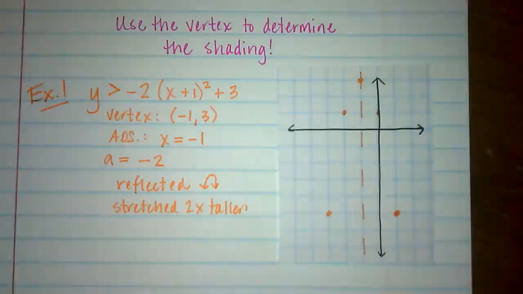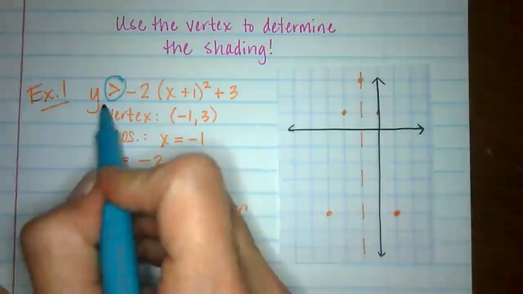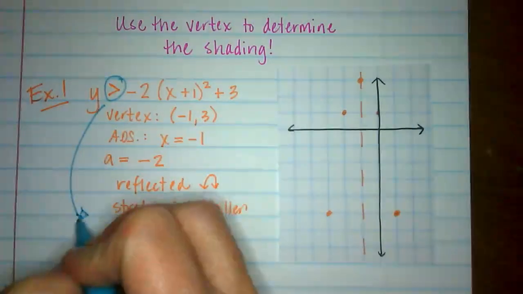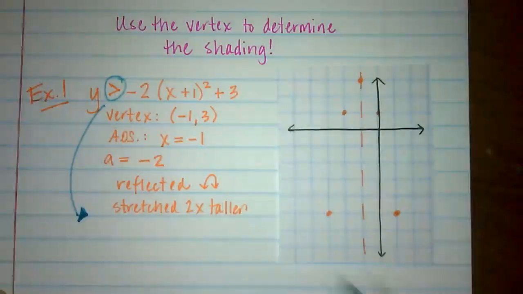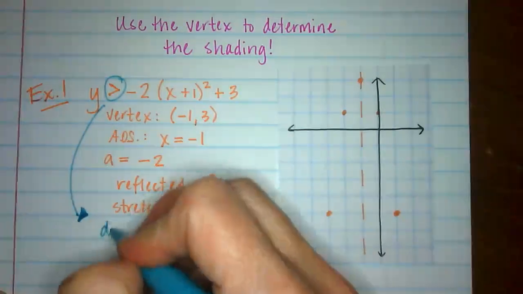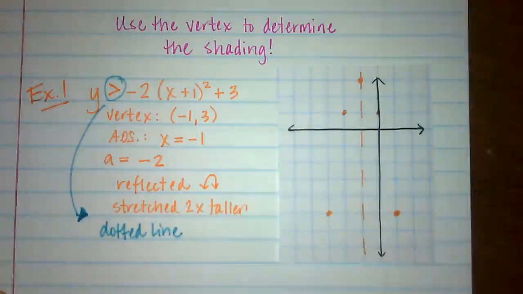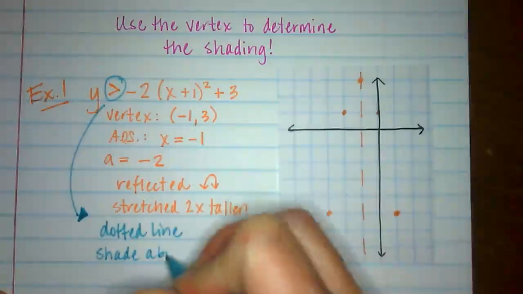So now we need to pause because we're adding on the shading part of it. We need to go back to our original inequality. Since this is greater than, which just so happened to look like a greater than sign, that tells me that I need to use a dotted or dashed line, and I need to shade above.